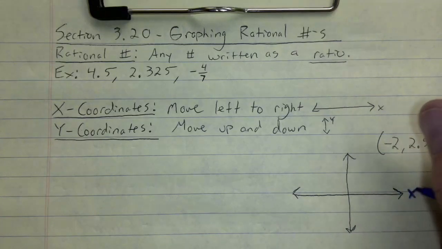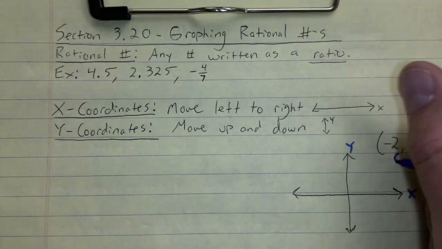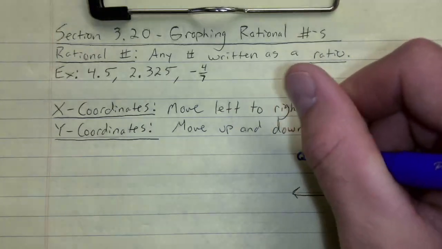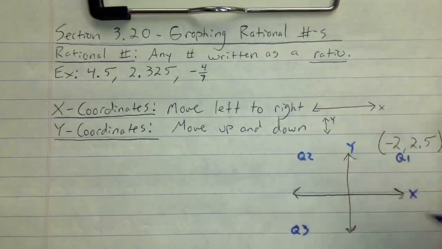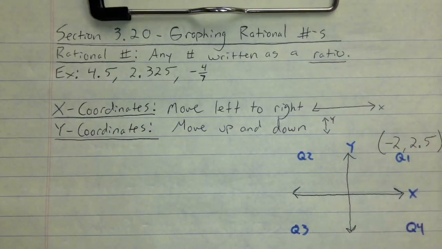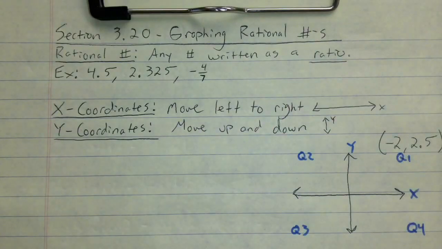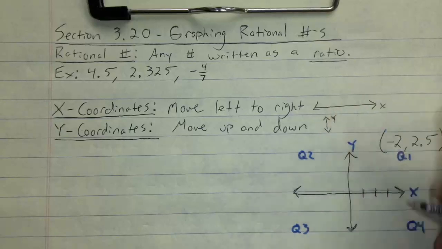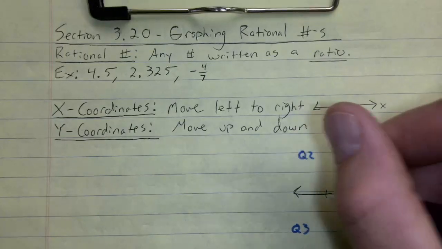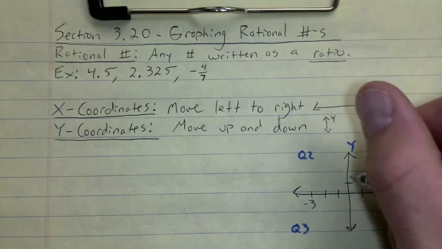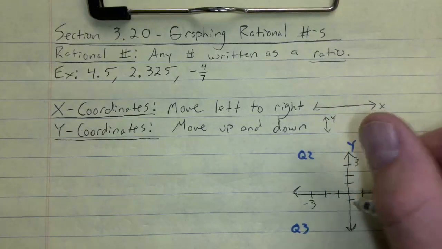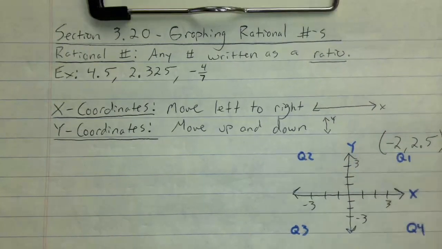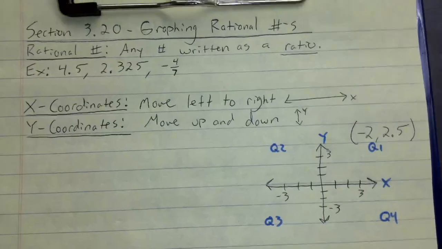Here's your quadrant 1, quadrant 2, quadrant 3, and quadrant 4. Then we add in our tick marks: 1, 2, positive 3, negative 1, 2, negative 3. All right, so our tick marks are in.